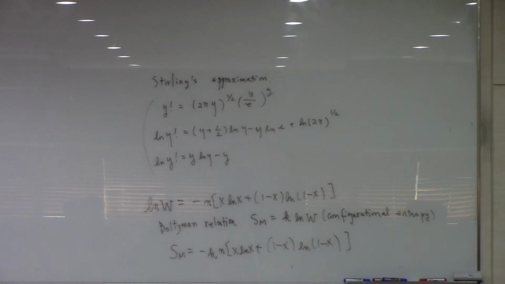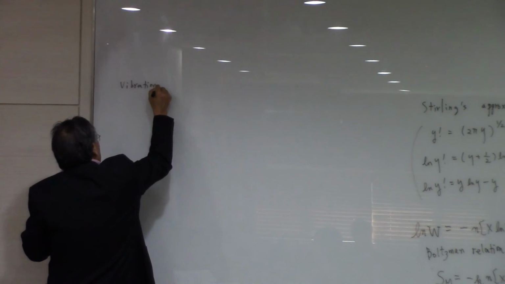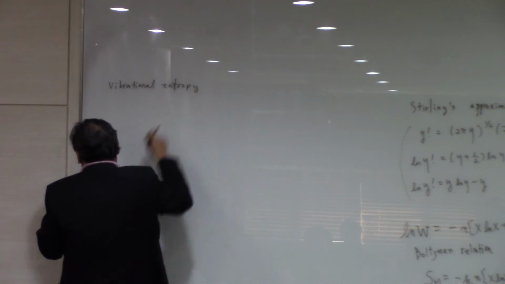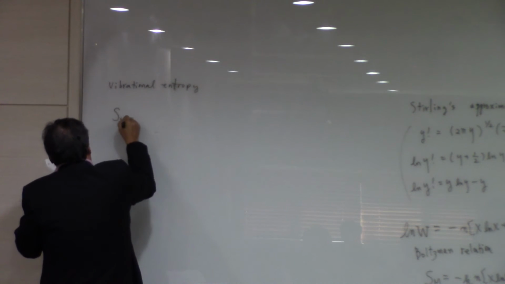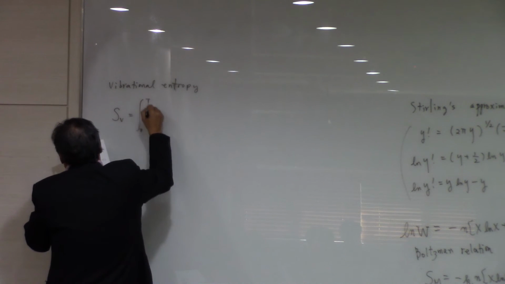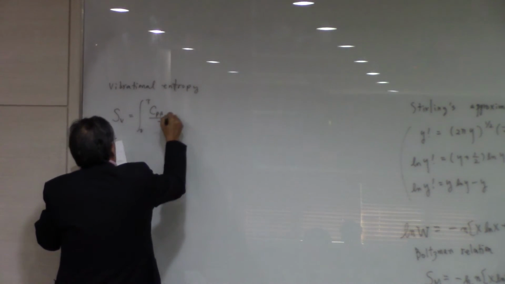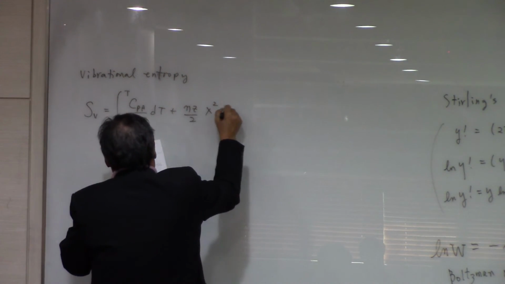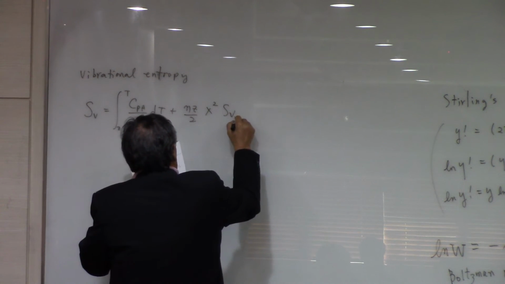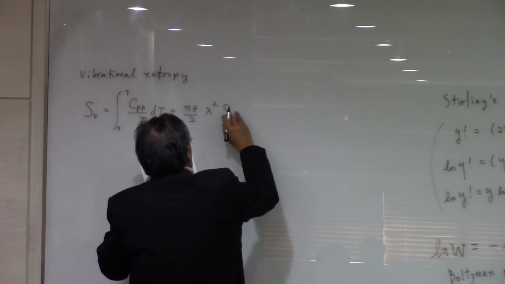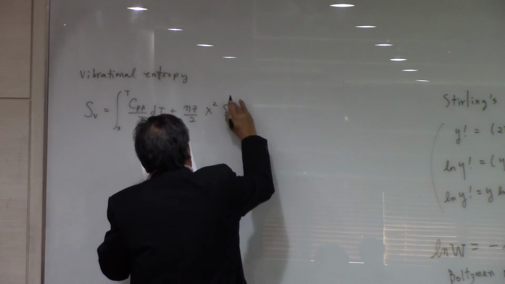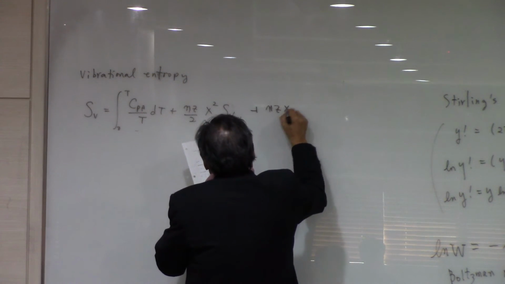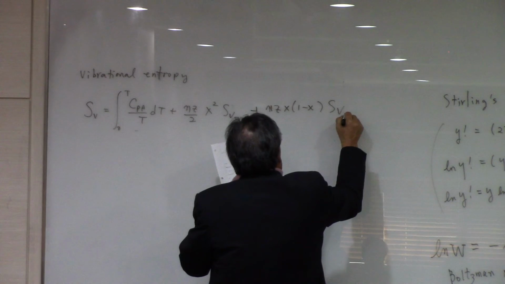Okay, now for vibrational entropy, SV is equal to the integral of CPA over T dT plus NZ over 2 x squared S free VV plus NZ x(1 minus x) S free AV.